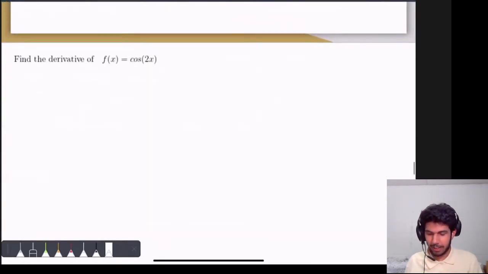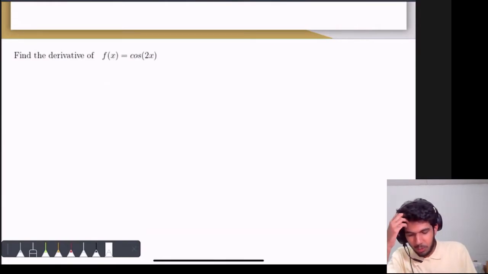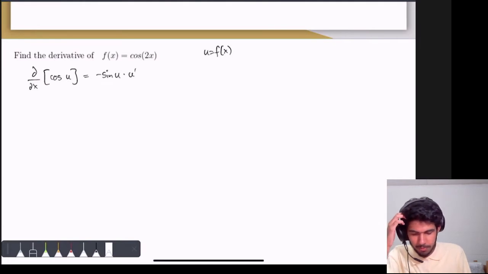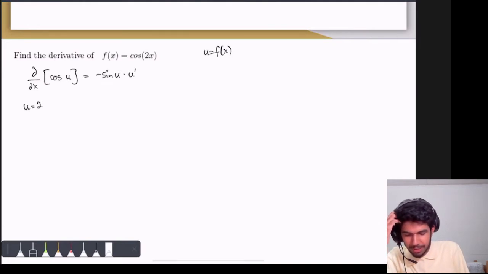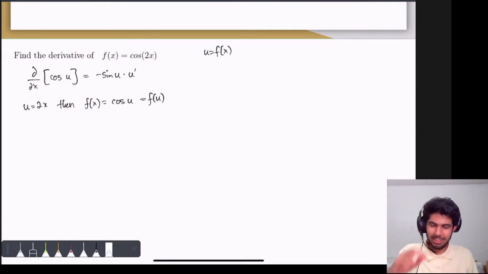All right, find the derivative of f of x equals cosine of 2x. Well, we just saw that the derivative with respect to x of cosine of u, where u is a function of x, equals negative sine of u times u prime. Well, if we let u equal 2x, then f of x equals cosine of u. And really this would just be f of u because it's a function of u now, but let's not get into the semantics.